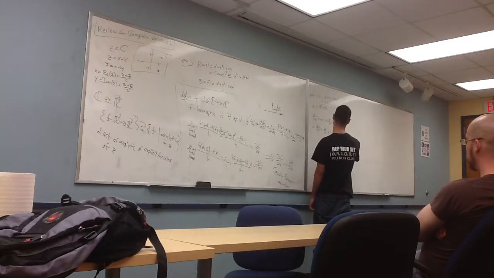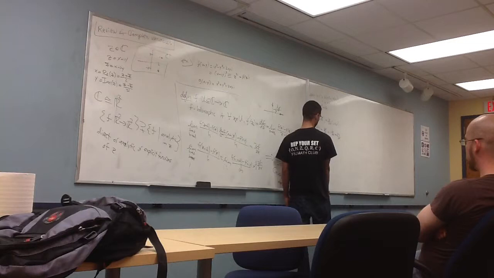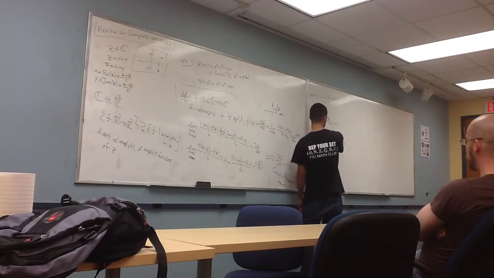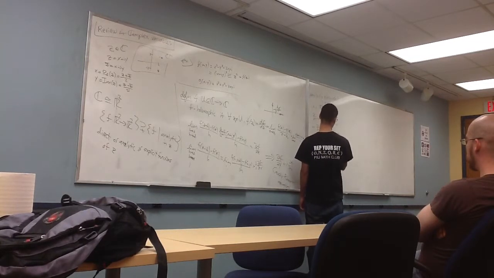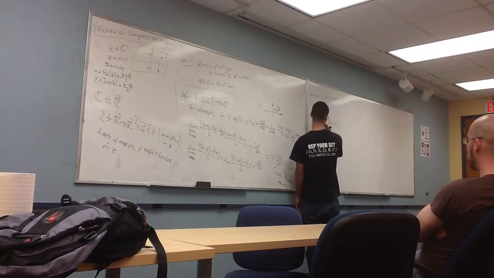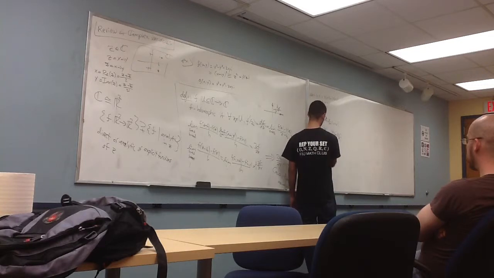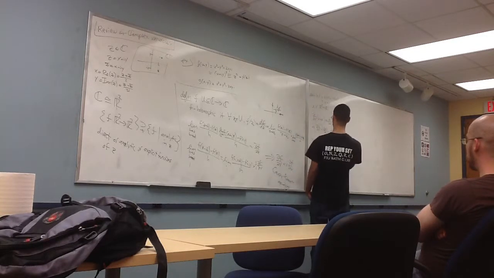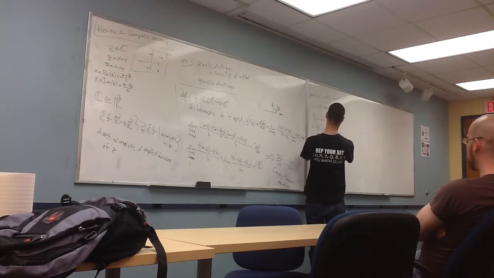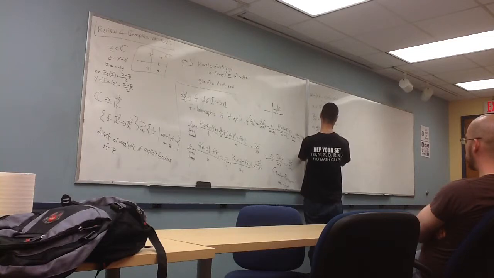v partial x. And just saying, alright, if these things have to be equal, then the real part of this side has to be equal to the real part of that side, and the imaginary part of this side equal to the imaginary part of that side. So we just get the system of two partial differential equations, which are the Cauchy-Riemann equations. Let's do a little subscript notation.